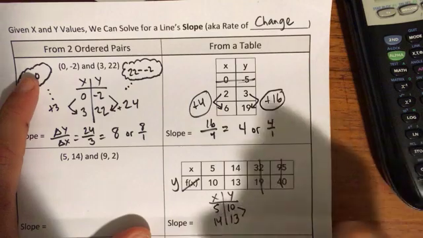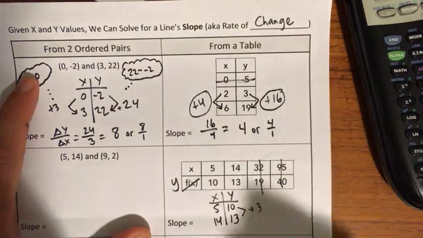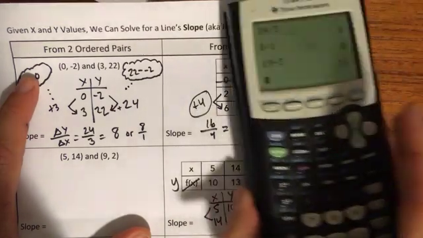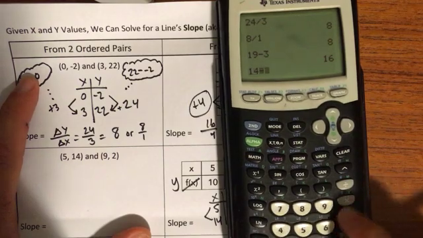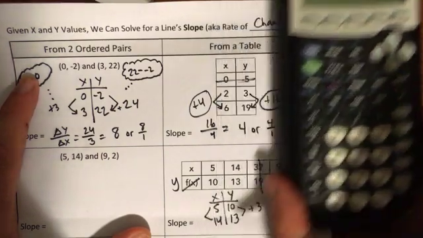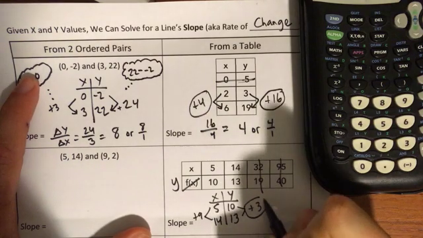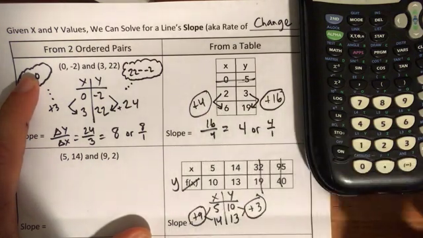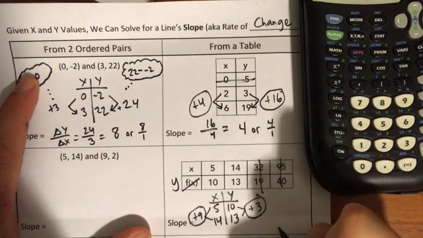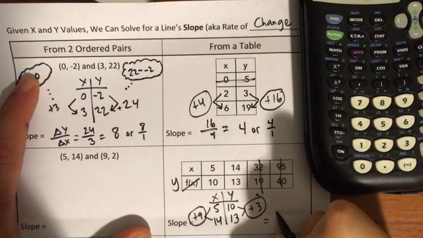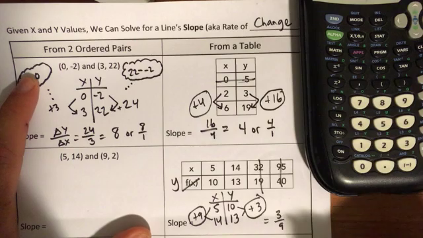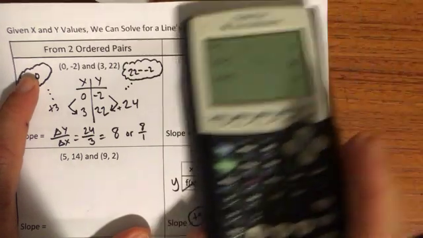From 10 to 13, we're adding 3. From 5 to 14, if I don't want to count, I can do 14 minus 5 to find the difference, a positive 9. So the change in y is plus 3 and the change in x is plus 9. That gives 3 over 9.